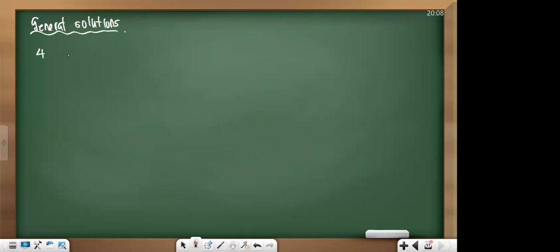4 plus 7 cos theta plus cos 2 theta equals 0. Solve for the general solution. All right, let's do it together.